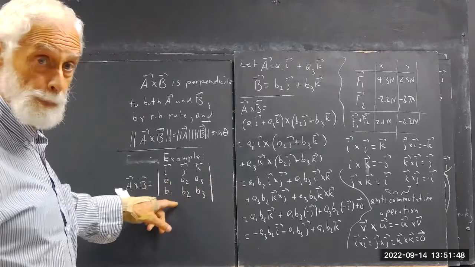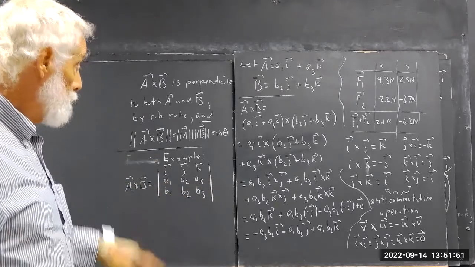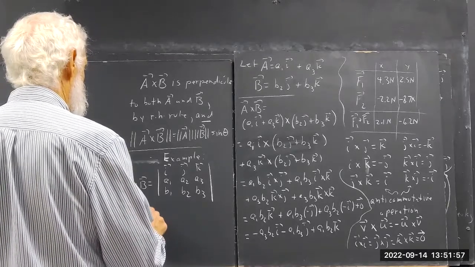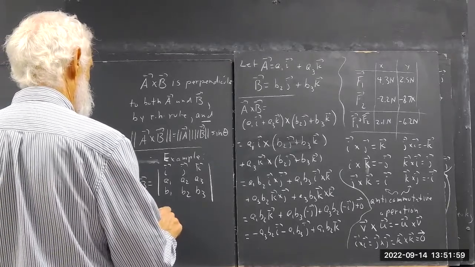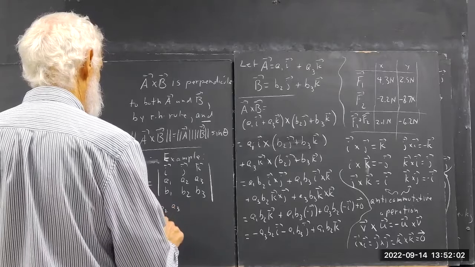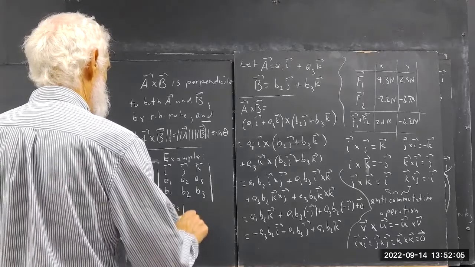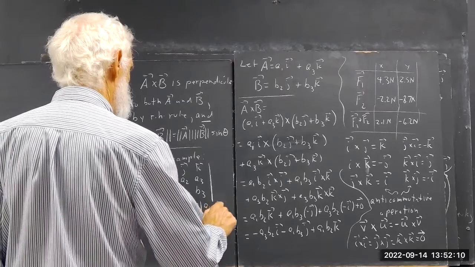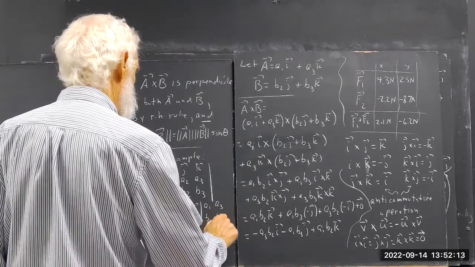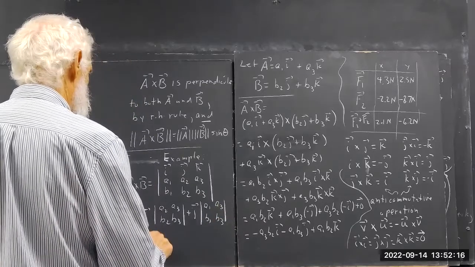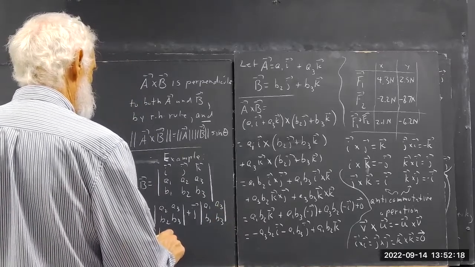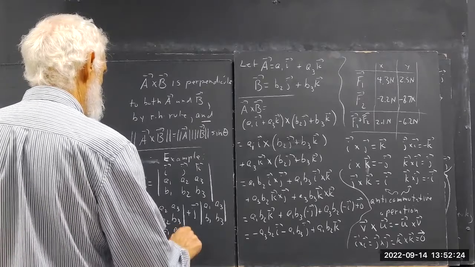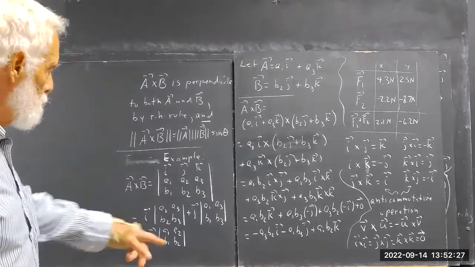B is B1I plus B2J plus B3K. We just calculate this determinant, and this determinant can be expanded in minors.